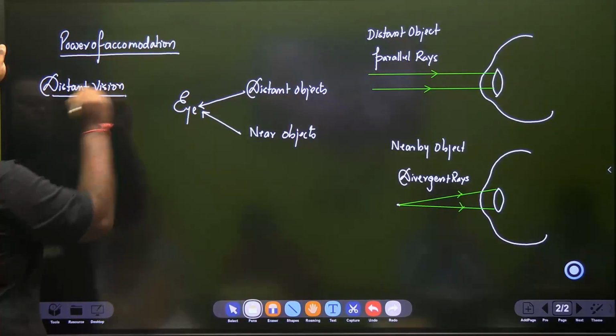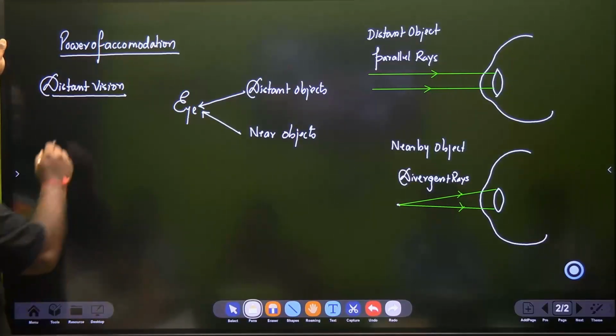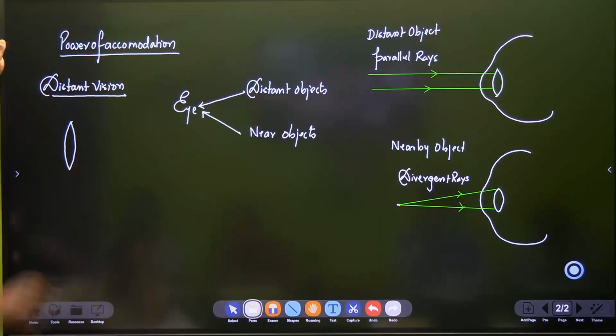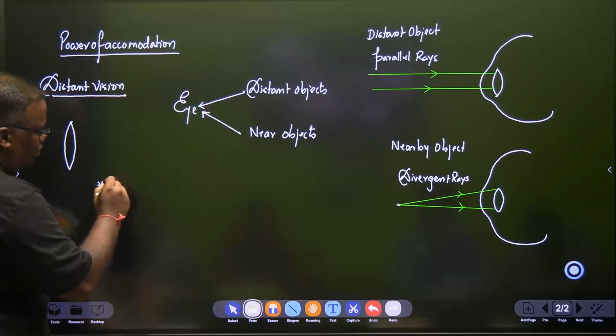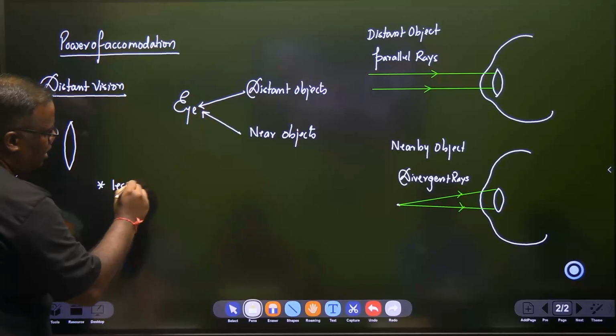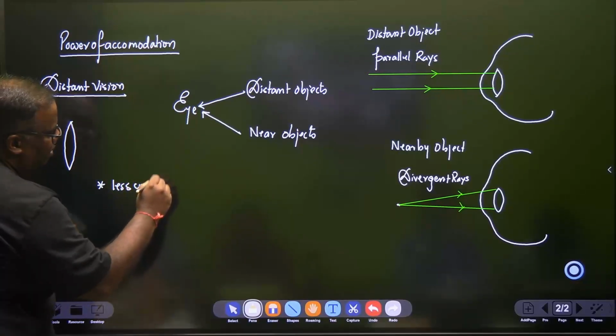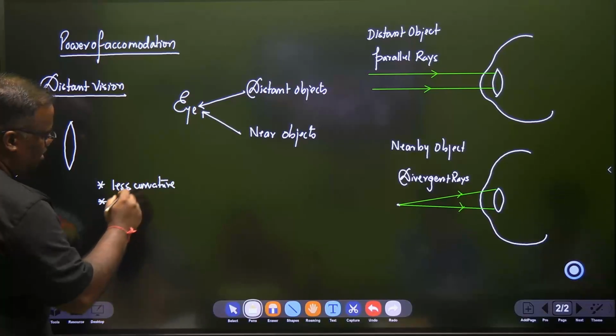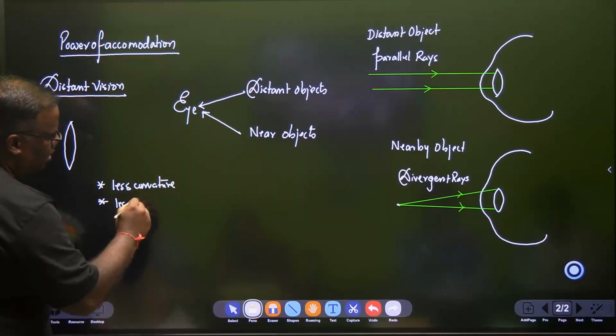Now let's see when you are trying to see a distant object, distant vision. When you are trying to see a distant vision, your eye lens will actually become slender and long, right? So in distant vision, the first thing we will have is less curvature, that means less convergence.